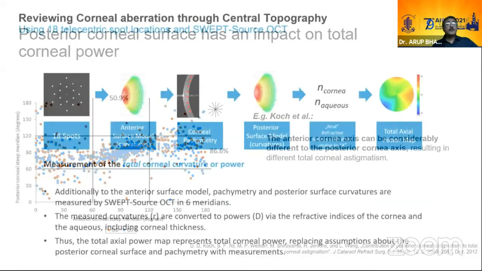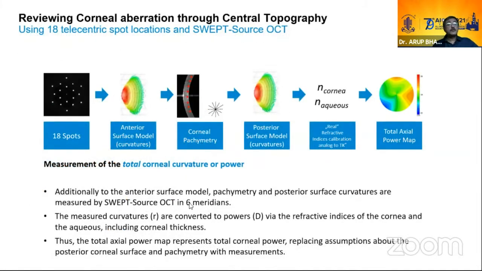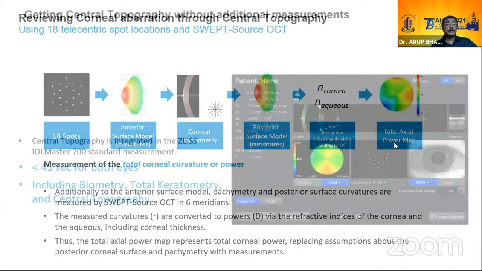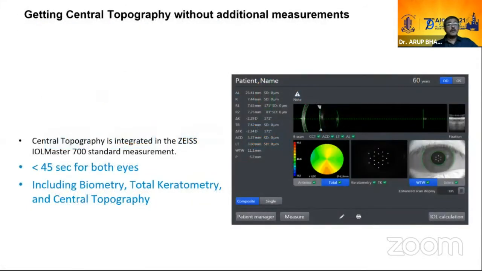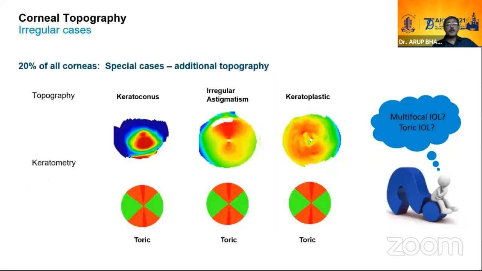In the view of corneal aberration, you can see at one spot an analysis of posterior curvature and anterior curvature, and it gives you the total axial map of the cornea. The central topography of 6 millimeters the IOLMaster gives in less than 45 seconds.